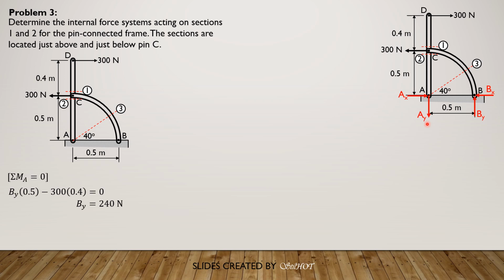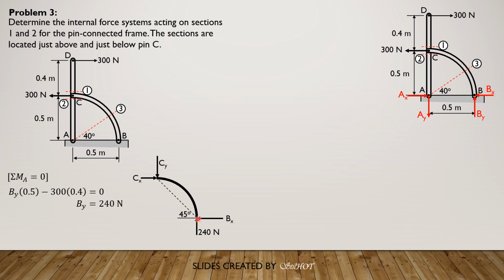And because using the general free body diagram there's no other vertical load, we conclude that Ay is also 240 newtons. So this is the free body diagram of this two-force body BC to show that Bx is also equal to 240. Remember, that's 45 degrees.